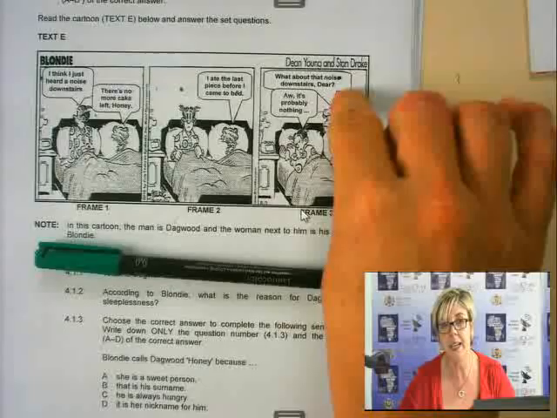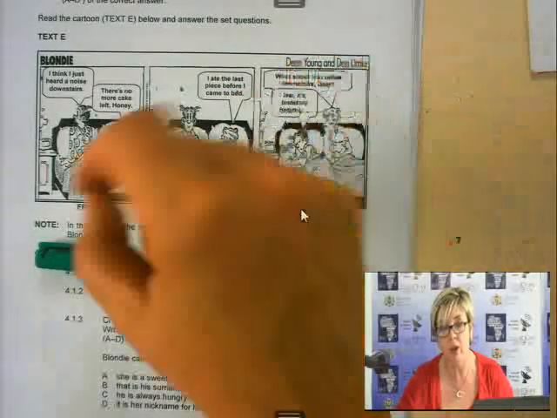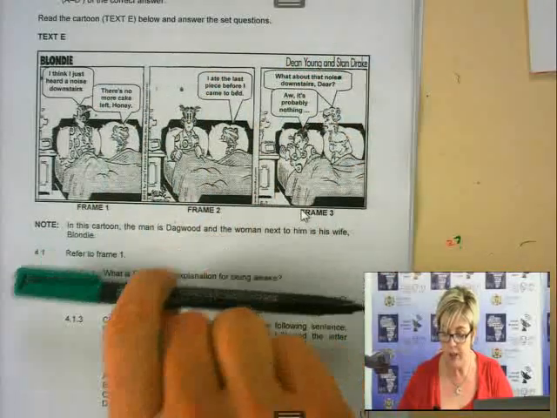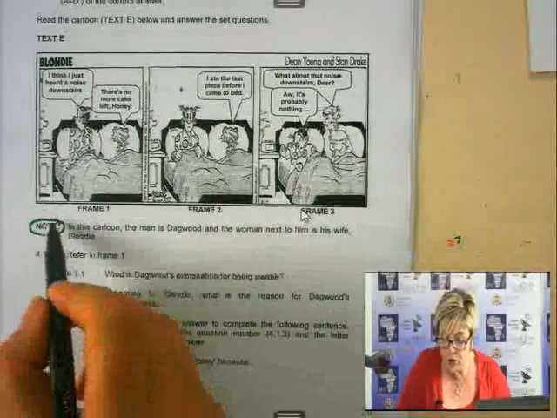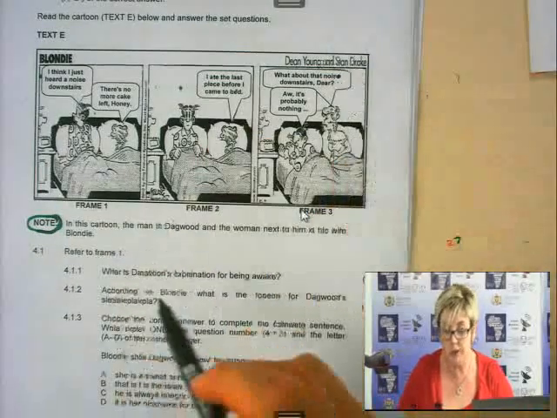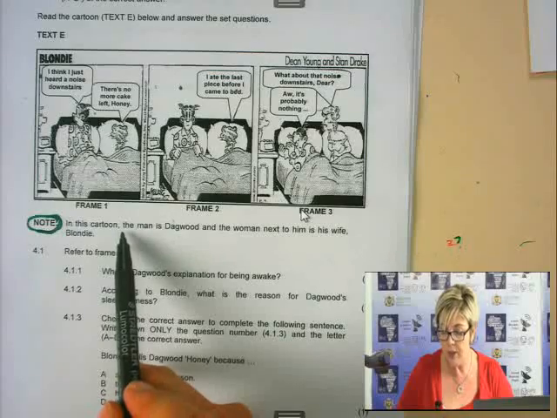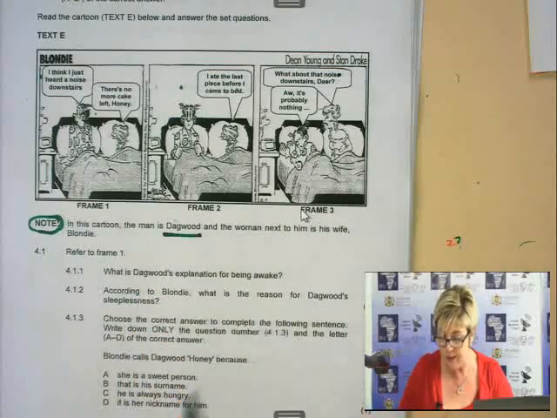So that will be the name of the cartoon artist who sketched this cartoon and also wrote the text for the cartoon. Okay, here you see a note. When you get to the cartoon, always look for this note, because the note will tell you what the cartoon is about. In this cartoon, the man is Dagwood. Strange name, but his name is Dagwood.